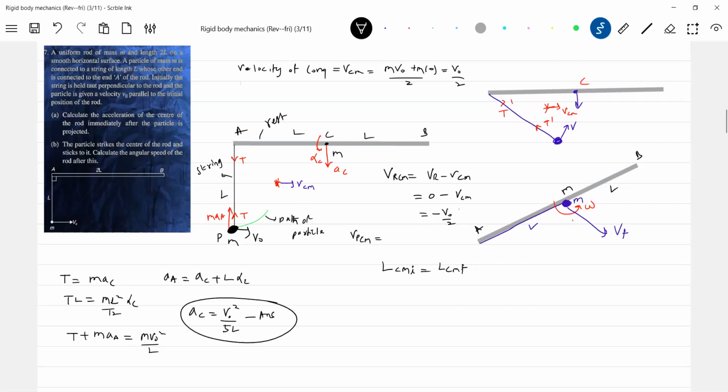I'll make it a symbol, O, so it'll be easy for us and we won't get confused. Velocity of center of mass, this is a C. Now this will become C.